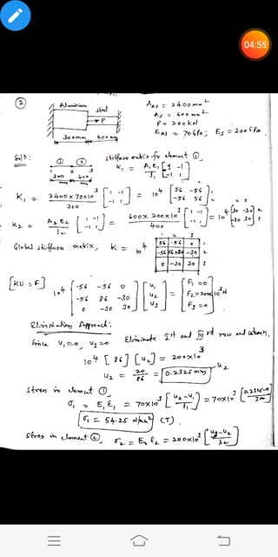Now while assembling, you search the DOF numbers, the terms. Row 1 column 1, that is 1 1, here it is available, that is 56. Next 1 2, here it is minus 56, and here 1 2 is not available. 1 3, this term is not available in both the matrices, so 1 3 is 0.